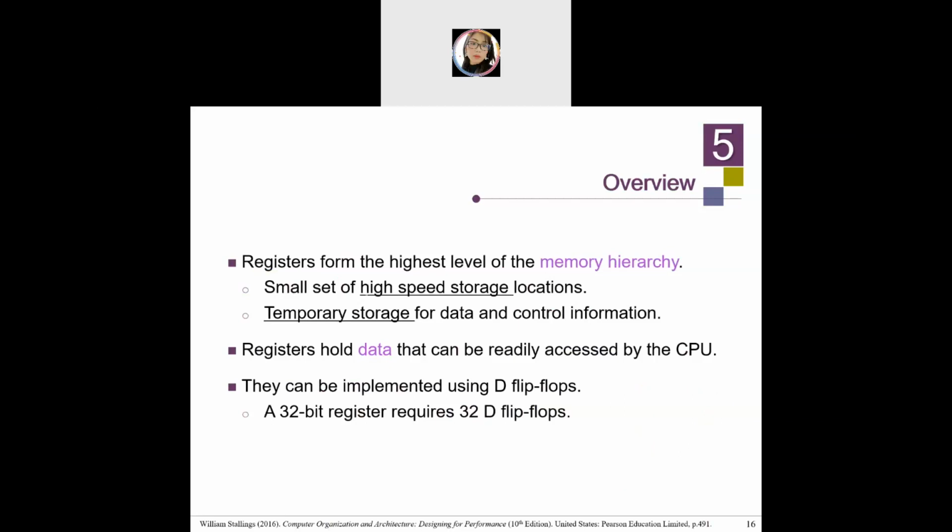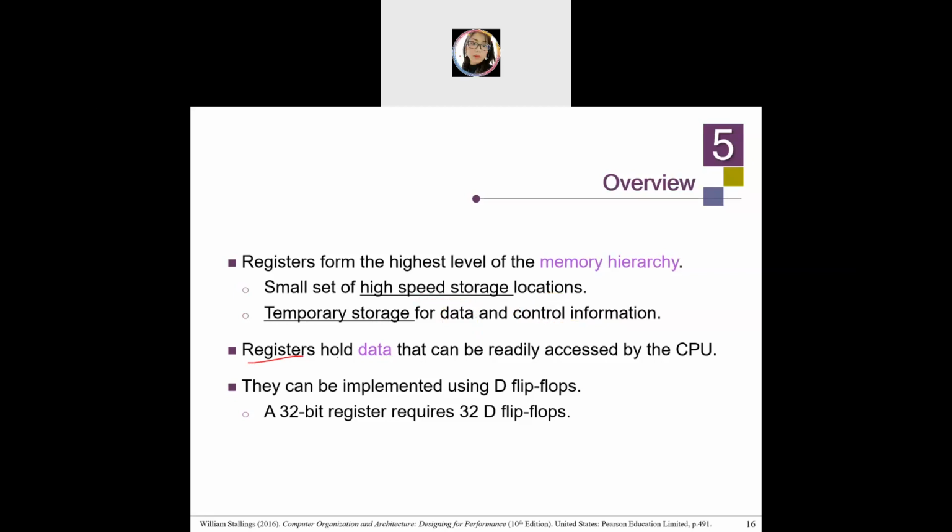It is a small set of high-speed storage because it is the highest level, so it is near to the CPU, so it's going to be high speed. Temporary storage for data and control information. So remember this, for data and control. It is not for the address.